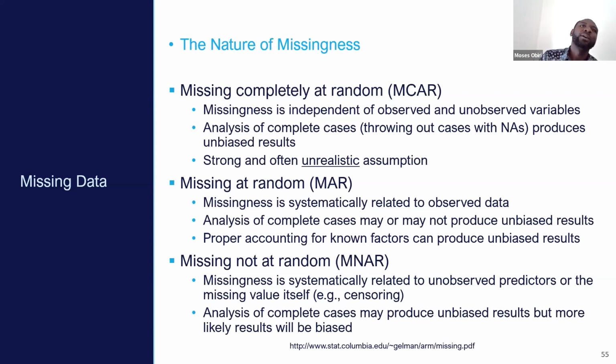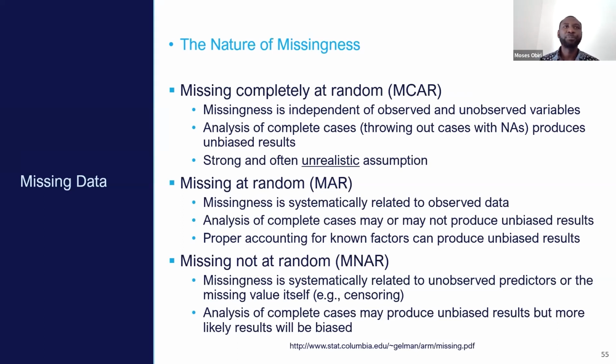And so for the survey data, again, if the probability of missingness in the earning variable, for example, decreases at higher education level, which means that people with higher education level are more likely to answer questions related to their earnings, then that type of missingness is missing at random.